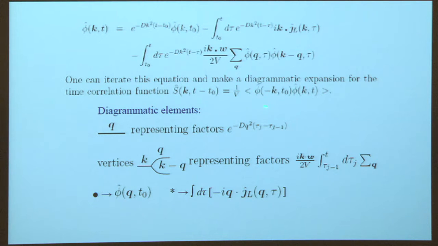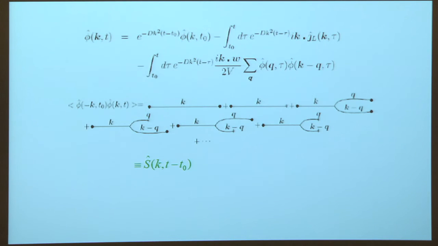Now it's very convenient to make a diagrammatic expansion for this. You could say it's a perturbation expansion, where horizontal or curved lines represent these diffusive propagators. Vertices represent these factors, including the sum over q and some integrals. Dots are used for initial values of the fluctuations, and asterisks for the fluctuating currents plus some integral over it.